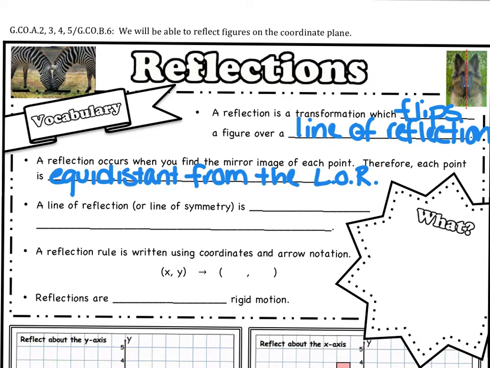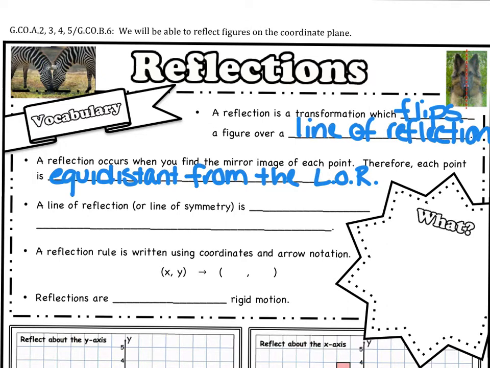So now what you'll notice is on the dog picture here, every point, and I'm going to use the tip of the ears as an example, the left ear is the same distance from that line of reflection as the right ear is. So they are both equidistant or the same distance.